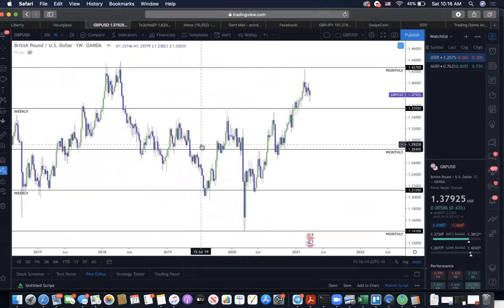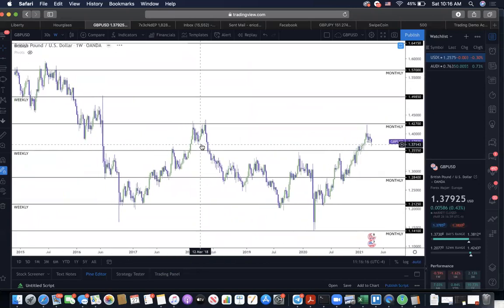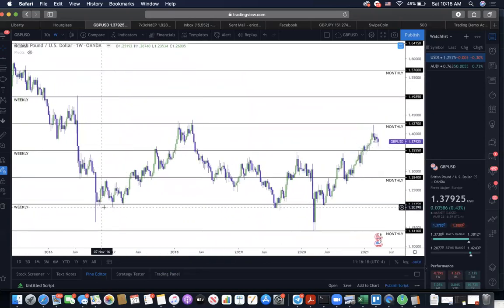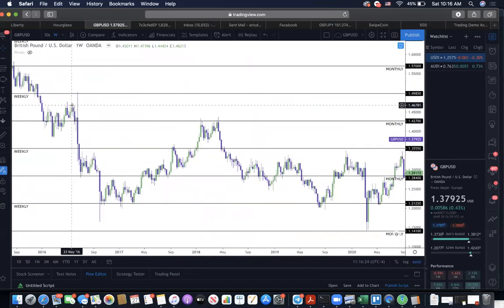And you can see the price action. All right, look at how this area right here held. You see the price action. Price came all the way up here, tapped this weekly, stopped out these highs, and came right back down.